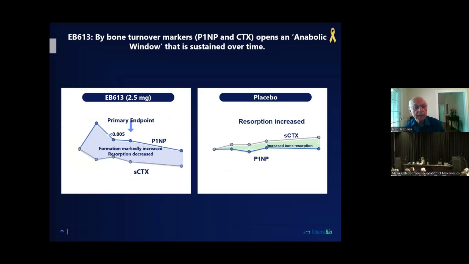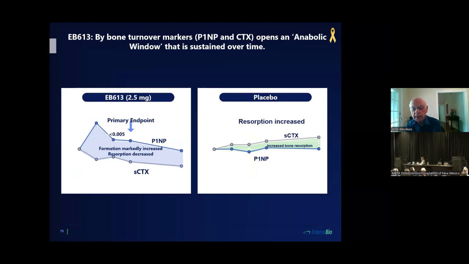Looking at some of these markers with EB613, you have, again, this difference between increasing bone formation, P1NP, and reducing bone resorption, a difference that might explain an anabolic effect.